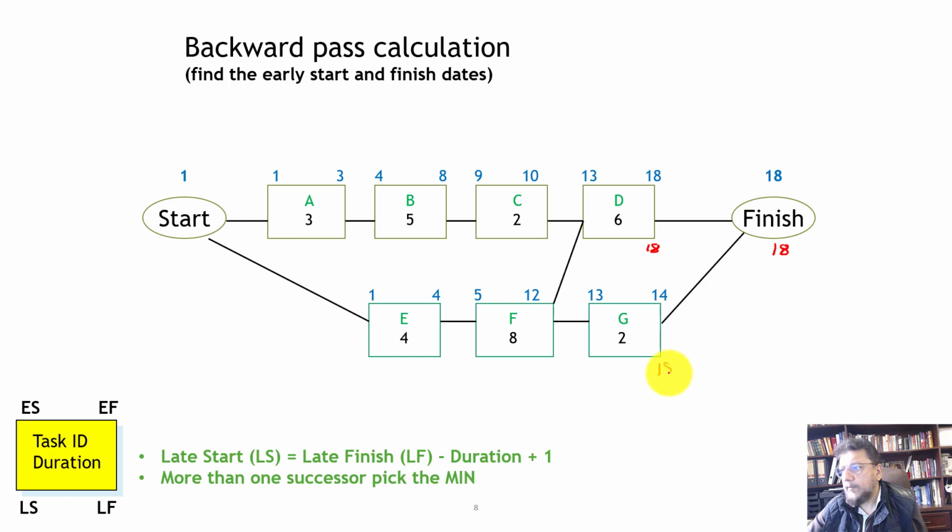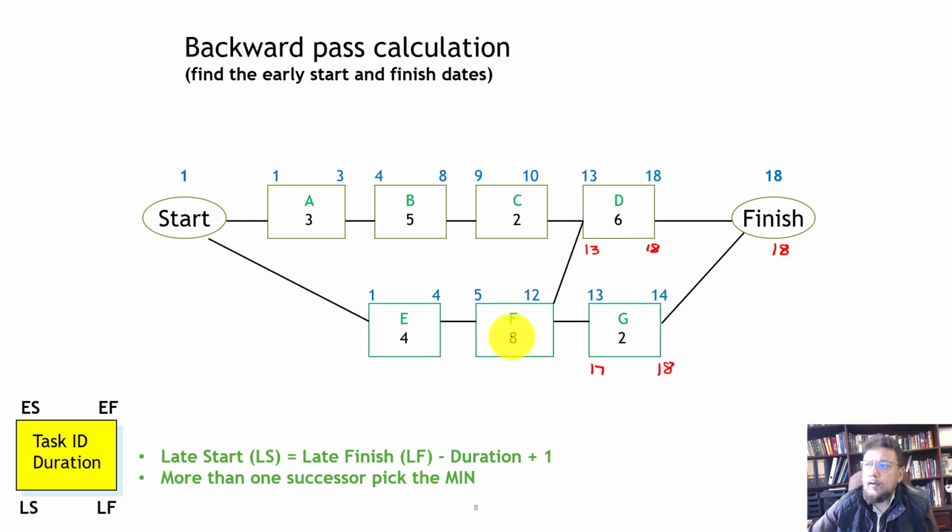So that comes to 18. Let's now see the calculation. So the calculation now says to calculate the late starts, in this case, we need to take the late finish minus duration plus 1. So if you do minus duration, that would be 16 plus 1, so that would become 17. In this case, it would be 18 minus 6, and the 12 plus 1 is 13.